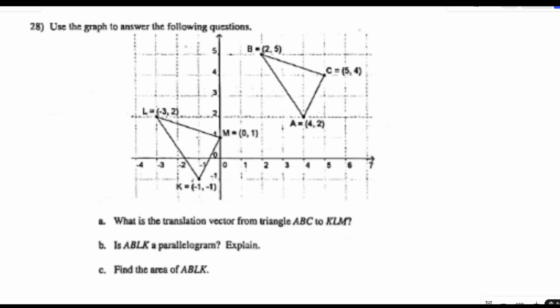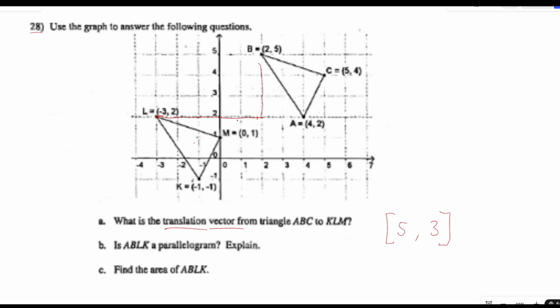What is the translation vector? Problem number 28. So I see this as one of those isometries. It looks like the same shape. So that means each one of these points was moved over by the same amount. So I'll just choose one point. Let's see, it was moved over 1, 2, 3, 4, 5 to the right. So the vector would be 5. 1, 2, 3 up.